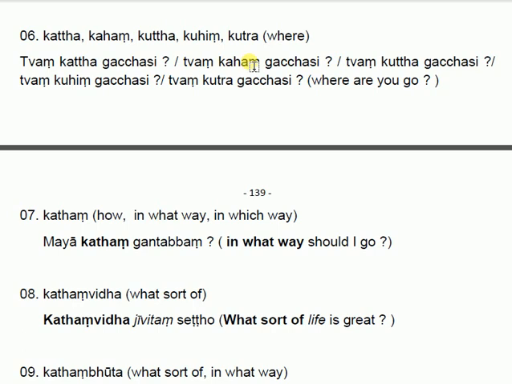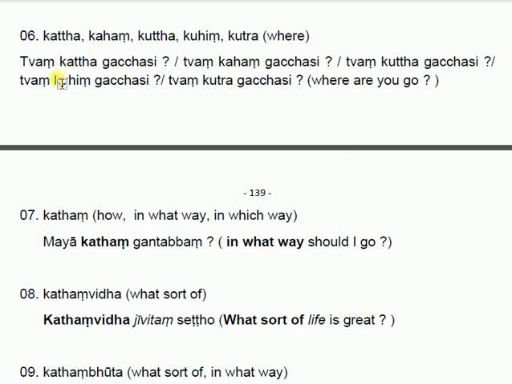Tuang katta gachasi. Tuang means you. Gachasi means go. So tuang katta gachasi means where are you going?